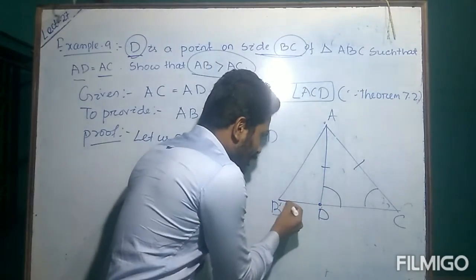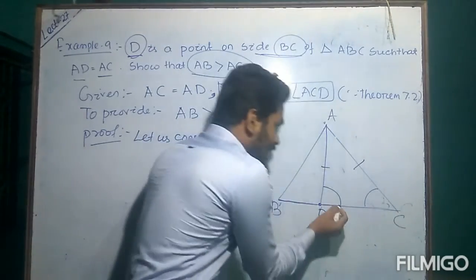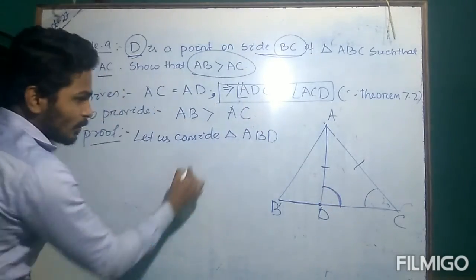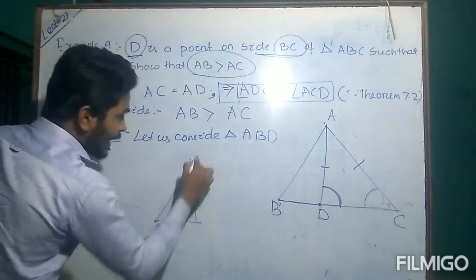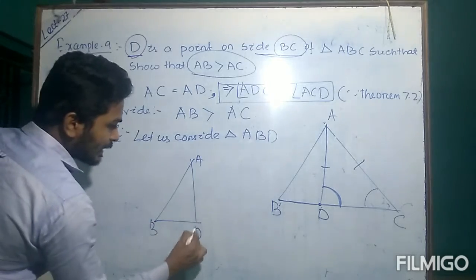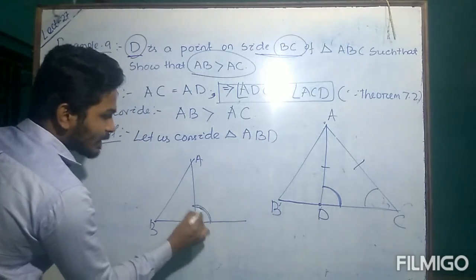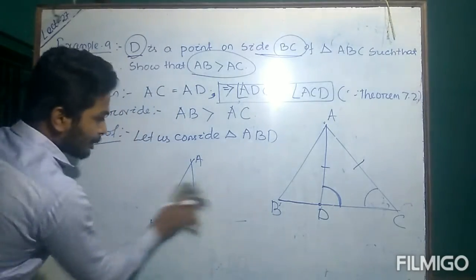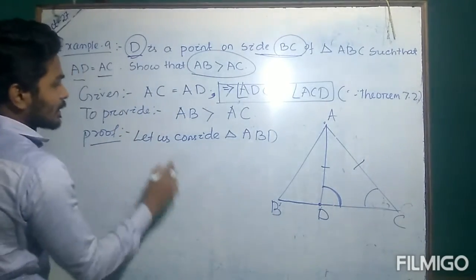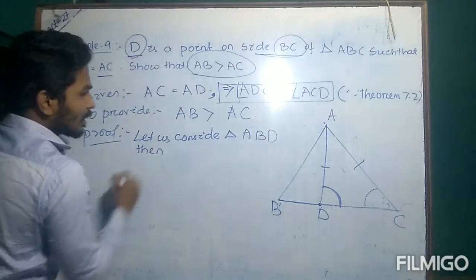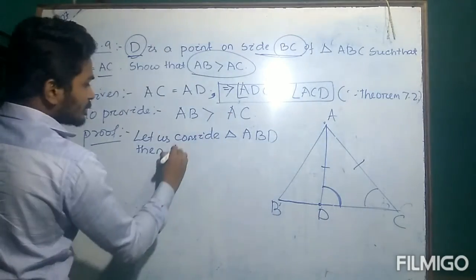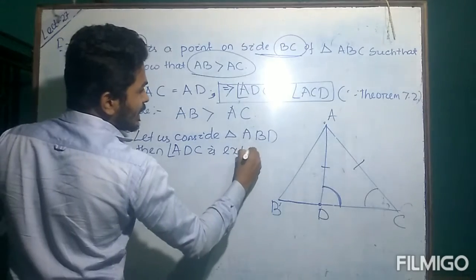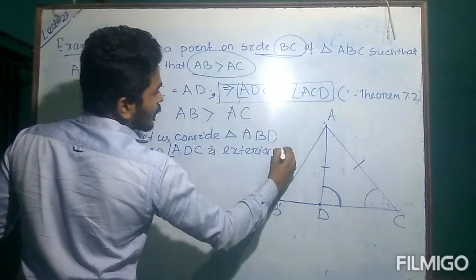Now, if I extend BD to a point C, then for the triangle ABD, this angle is an exterior angle. So you can write that angle ADC is the exterior angle.